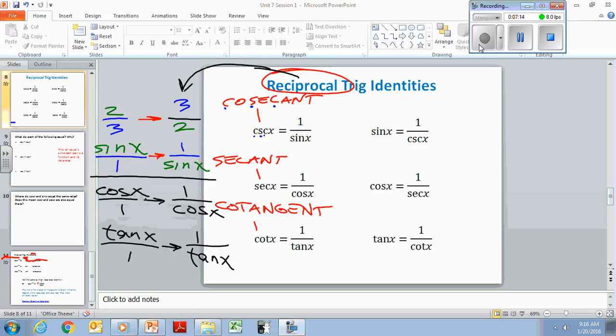What they're saying here is, say I'm starting off with the cosecant thing, and I'm going to write the reciprocal of it. Here we go. Cosecant, I'm going to write you in green.